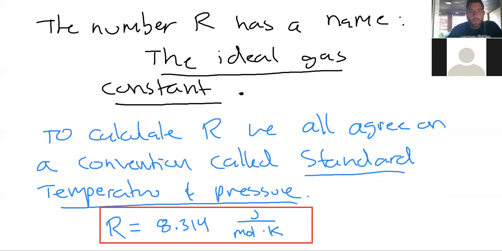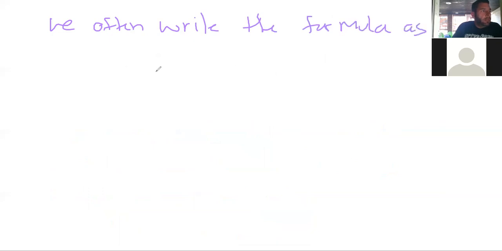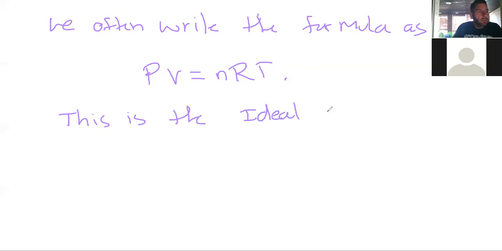What we usually do is rewrite the formula in the following way: PV equals nRT, instead of writing it as R equals. And this is called, as many of you probably know already, the ideal gas law.